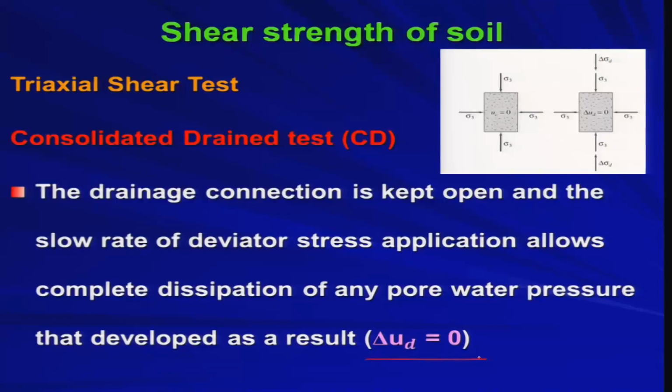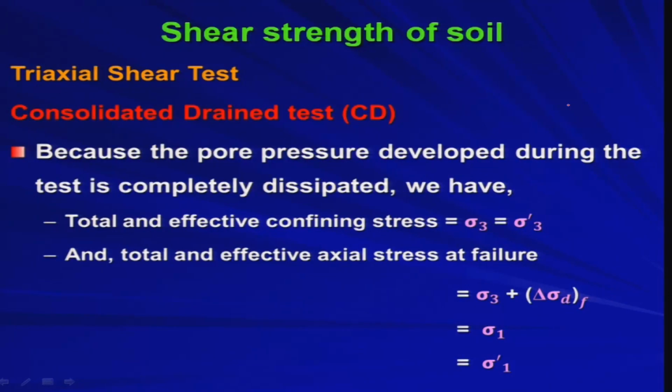So, as we have seen, U c will become 0 eventually, because you are allowing the consolidation, and then you apply delta sigma d gradually, and your delta u d also becomes 0. That means there is no excess pore water pressure built up in the soil specimen because the drainage valve is open, and the pore pressure developed during the test is completely dissipated.